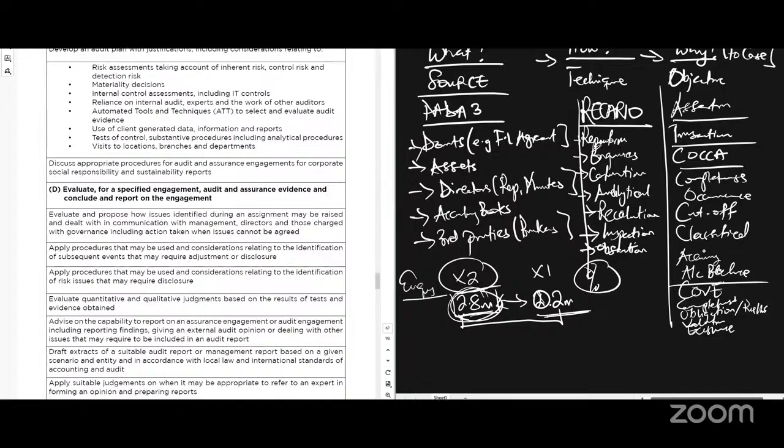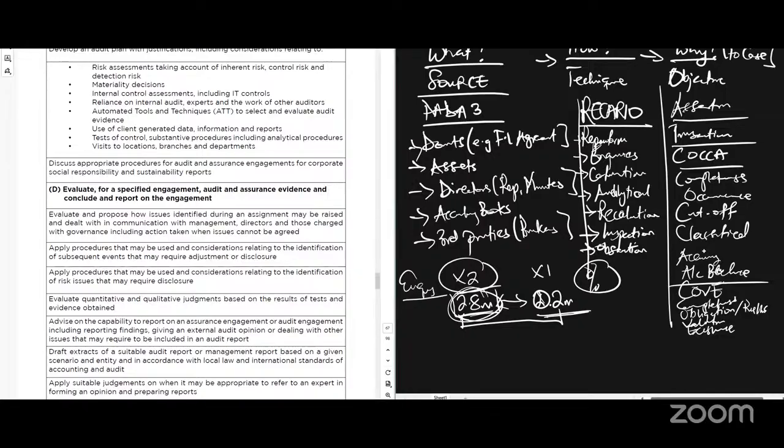So for instance, I want to generate a procedure for the finance lease arrangement we went through. I can say, one, recalculate the finance lease depreciation or the depreciation on the right of use asset, right?